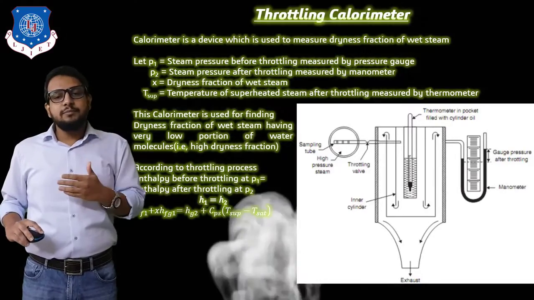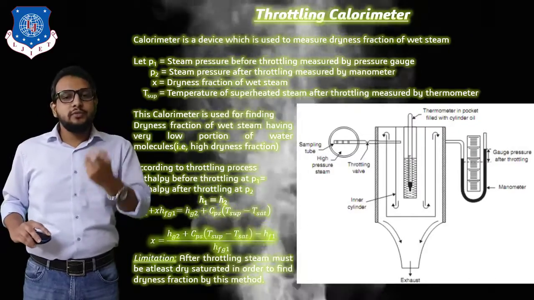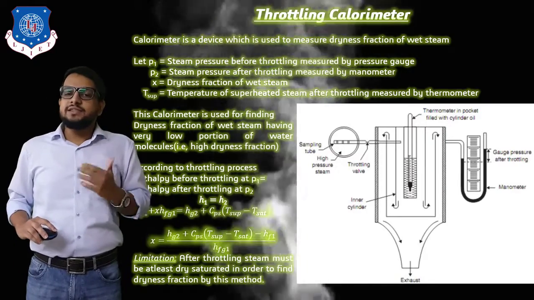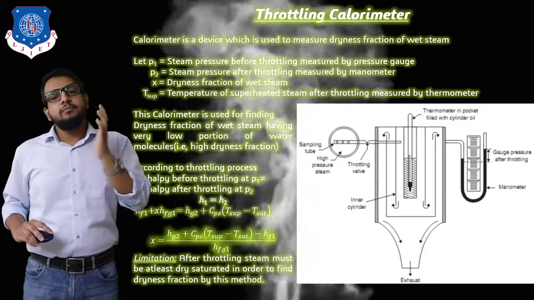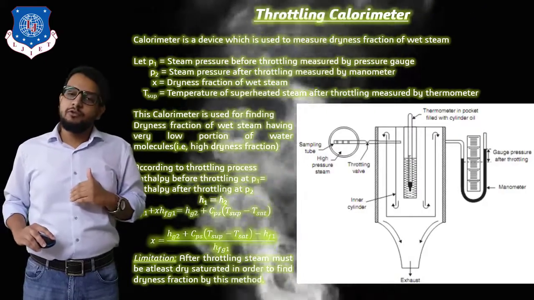Now further it is very simple, we can directly make x the subject. So as you can see, I have written x = [hg2 + Cps (T_sup − T_sat) − hf1] / hfg1.